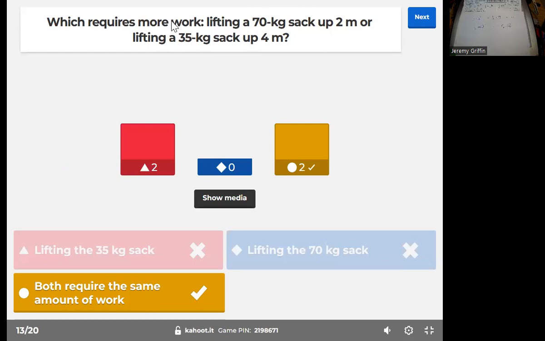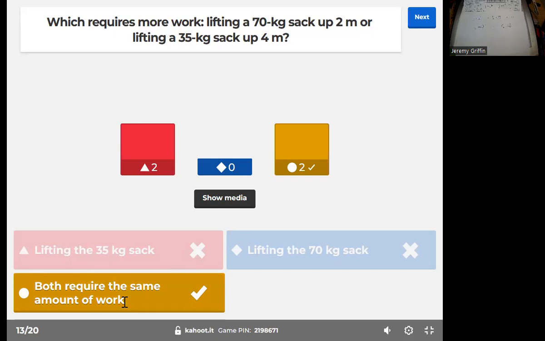Because work is force times distance. Now, the force might be equal to the weight, which is the mass multiplied by the gravity field. So I'm looking at 700 newtons here versus 350 newtons here. But the important thing is the proportions. If you have half the mass, then you have half the weight, so that's half the force, but also twice the distance. And work is force times distance. So if you take one half and the other double, isn't that a wash? Okay, so there you go. It's the same amount of work.